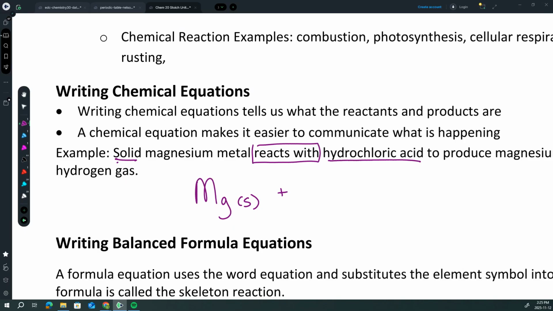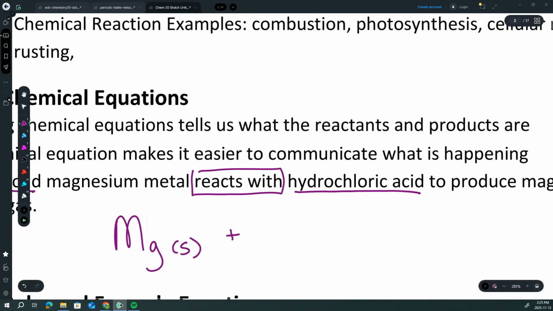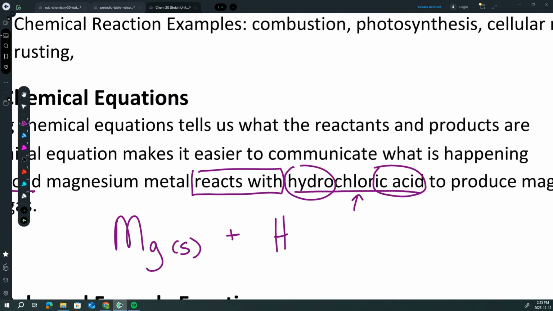Now, from our acids and bases unit, remember that if it begins with hydro and ends in ic acid, that means it's hydrogen with only one other element. So hydrogen, and chlor sounds like chlorine, so it's hydrogen with a chloride ion.